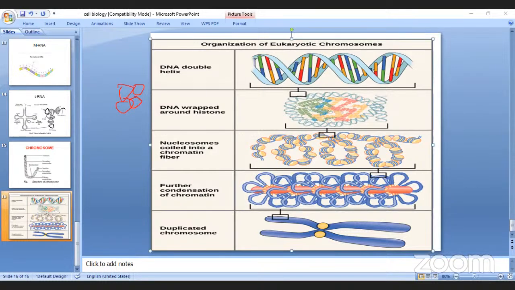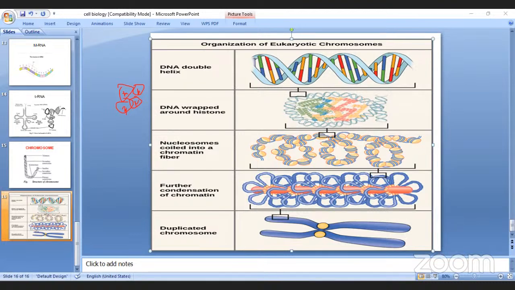How many rounds here? 4. Right, here the 4 are H2A, H2B, H3 and H4.